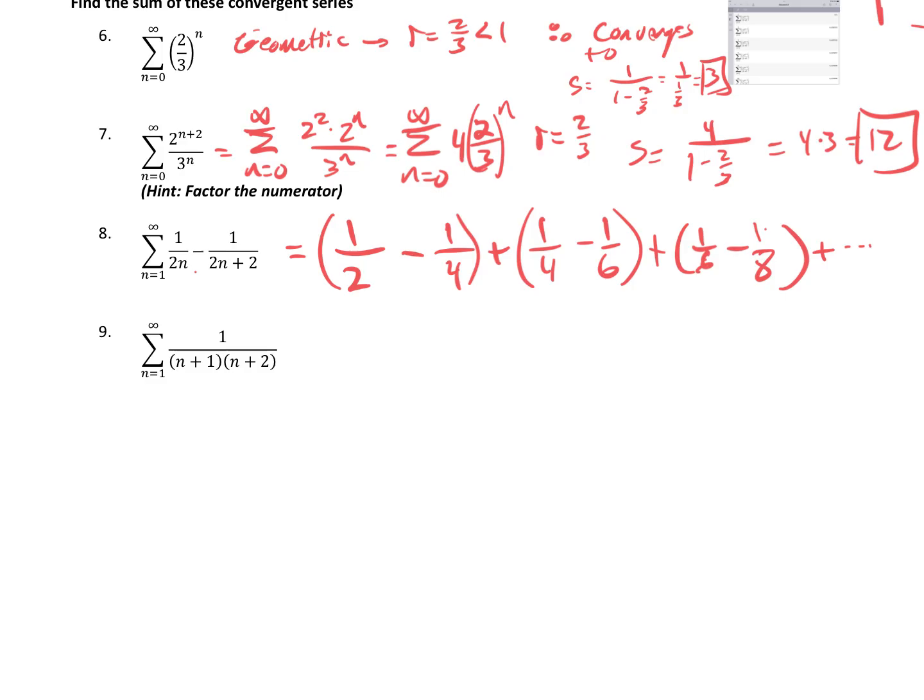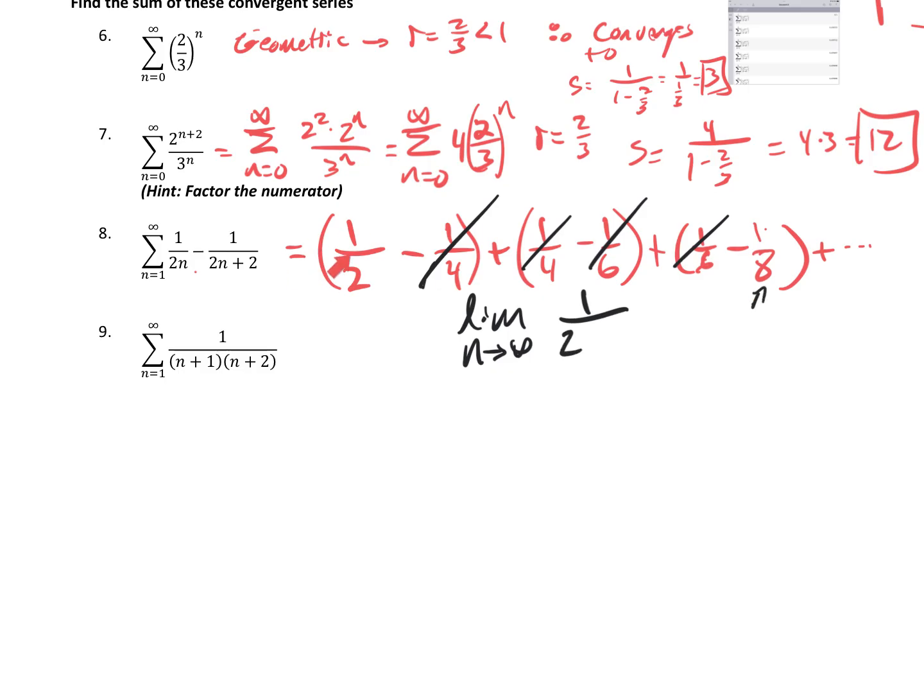Okay, and it's going to continue on. And we see that these middle terms are going to cancel out. Minus 6 plus a 6, and so on and so forth. So the middle terms will all cancel out. So the question is, what's the limit as n goes to infinity of the last part? So this last fraction is what matters.